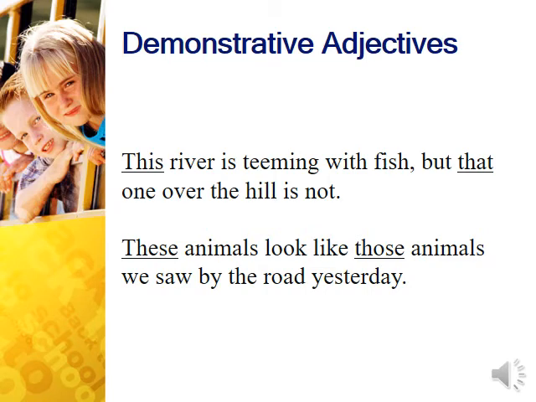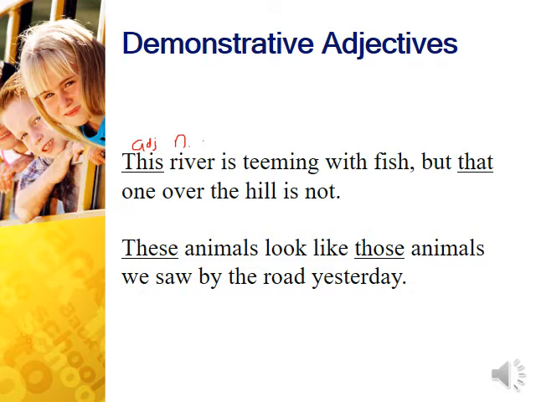So these are examples. This river: here this is the adjective, and river is the noun. Like we said, in each sentence where we find the demonstrative adjective, it precedes a noun. The noun is singular, so we use this.